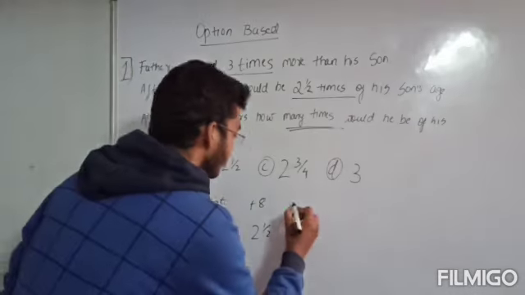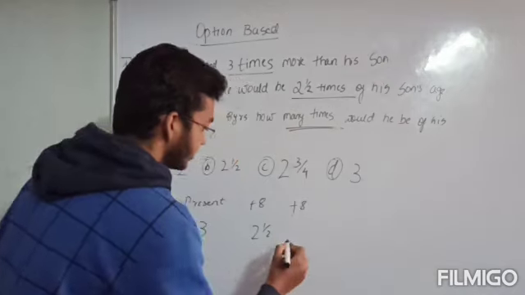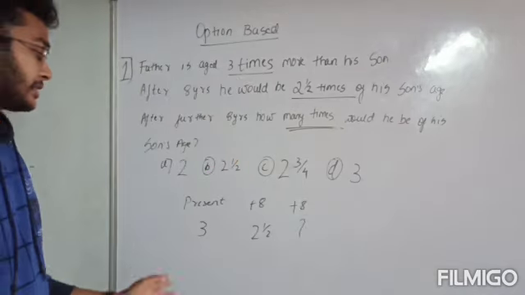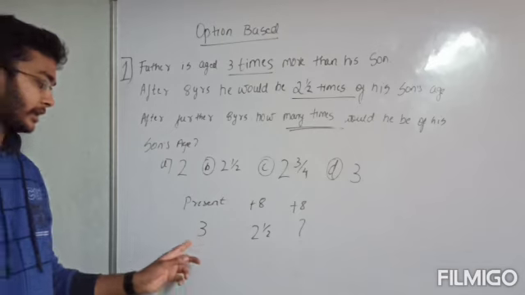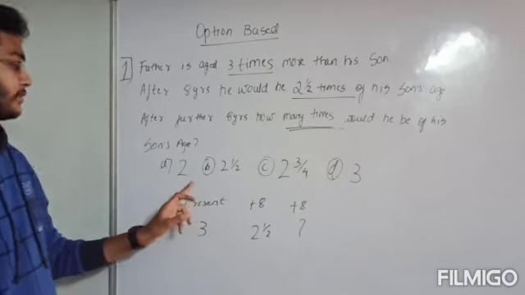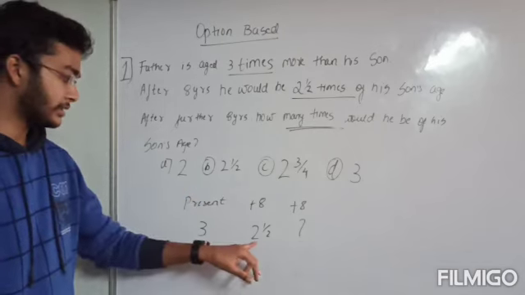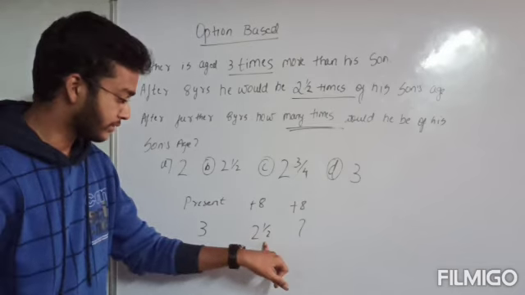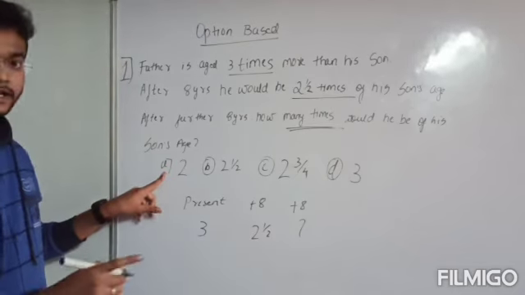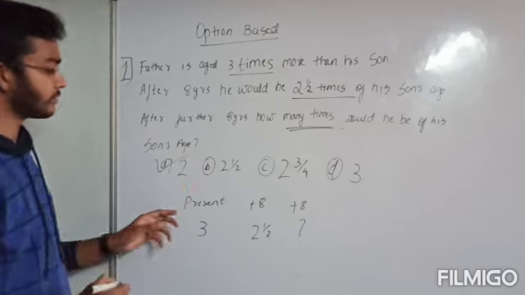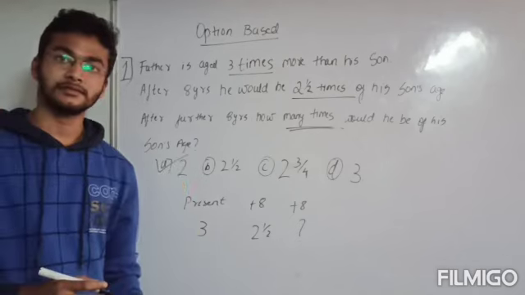Further, if we move again 8 years, then how many times would he be? As you can see the trend in the ratio, by filtering the options, the answer should be less than 2.5. The only option which is less than 2.5 is 2. So the answer for this question will be 2 times.